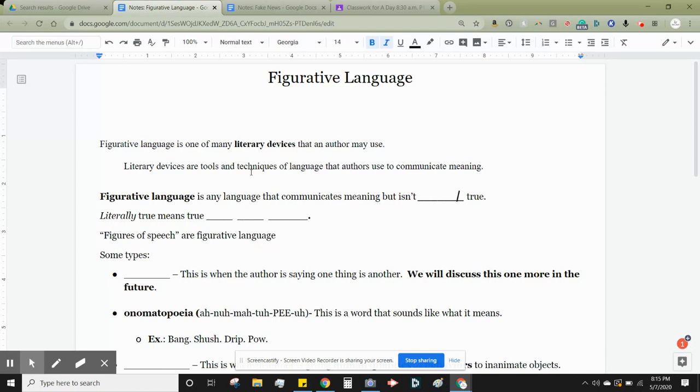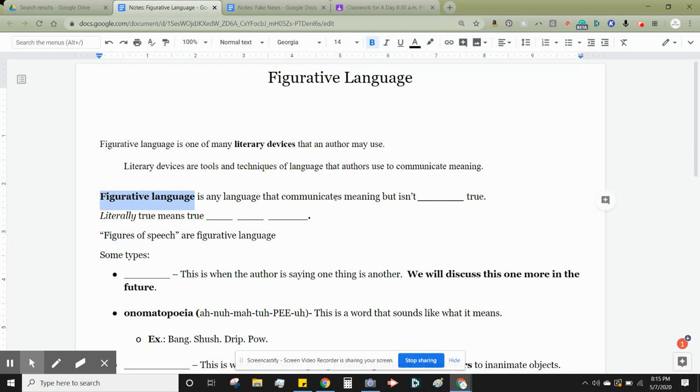Those are all literary devices. They add meaning to the piece of writing, and expert writers use them on purpose. So figurative language is the first one we're going to talk about. I think we're going to talk about 7 of them.